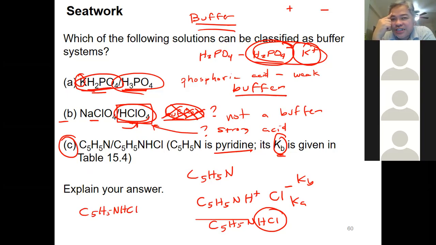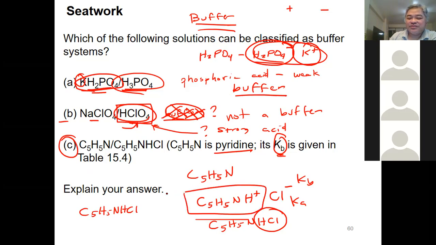Is hydrochloric acid really there? So as you could see, that's a salt that you formed there. And HCl can only be HCl if it's on its own.